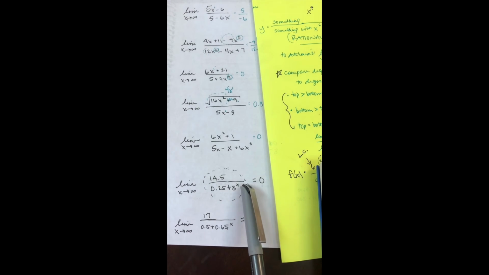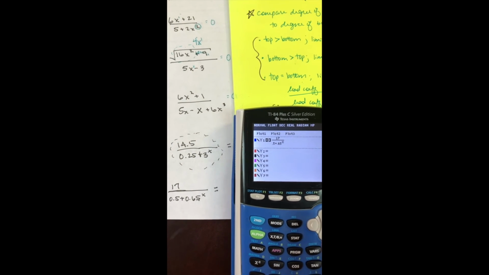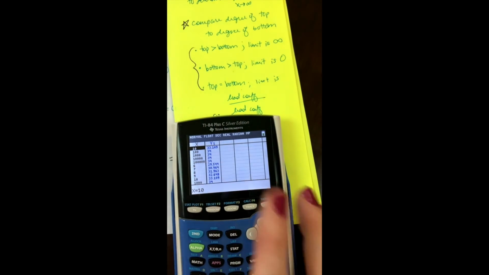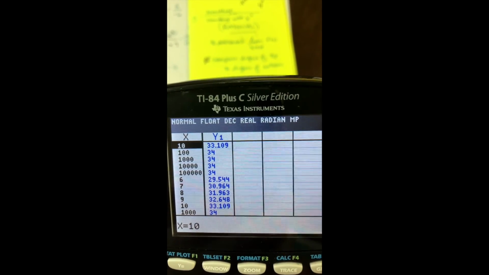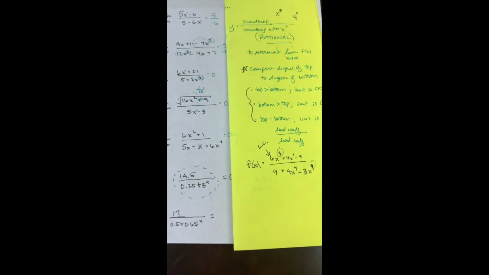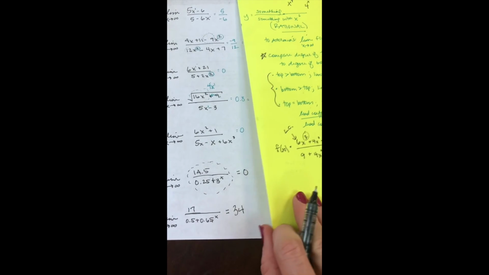This is where we have to be careful because the value of this number that has that exponent on it is going to change the behavior. So if we take this guy and go put him into our calculator, I've got 17 over 0.5 plus 0.65 to the x, and then I do my 10, 100, 1,000 game. Notice how it looks like as the x's get bigger, the y values are getting closer to 34. So this whole limit is headed towards 34.